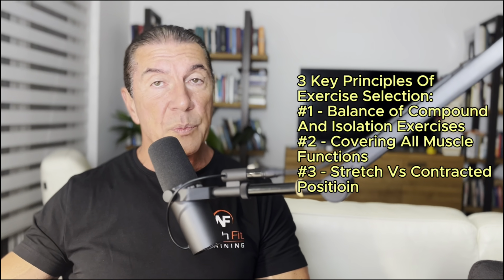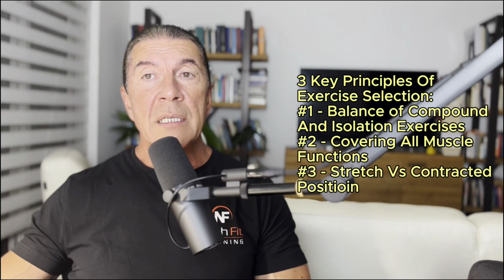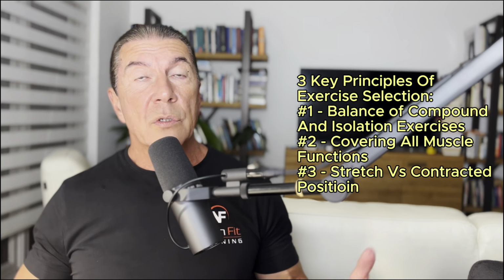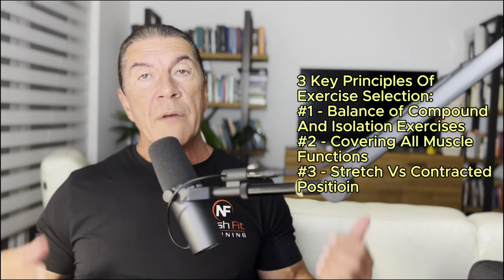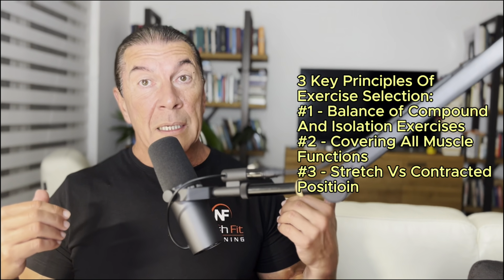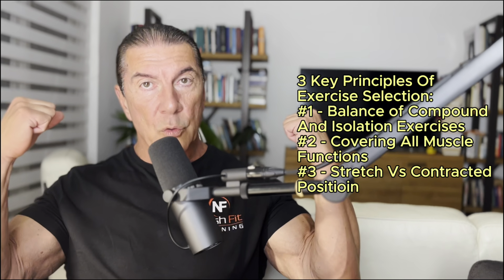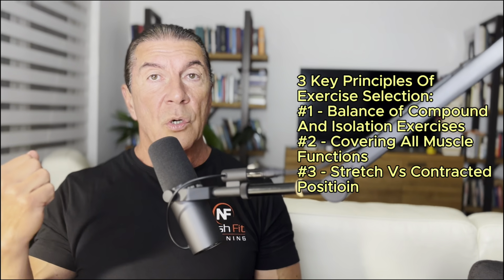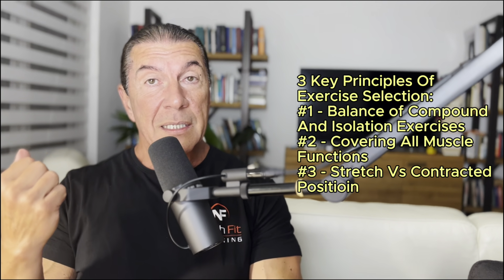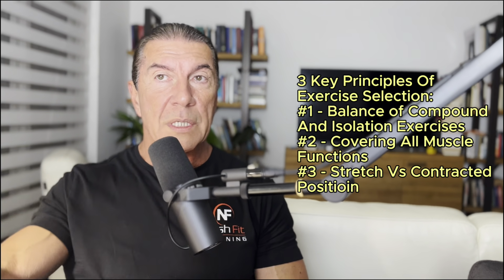Now, the third principle for exercise selection is stretching versus contracted position. So every exercise biomechanically allows you to fully stretch your muscles and also to fully contract your muscles. In some exercises, you cannot fully stretch your muscle.